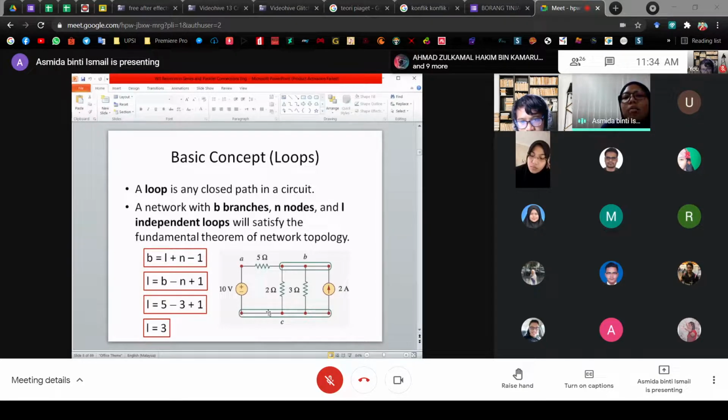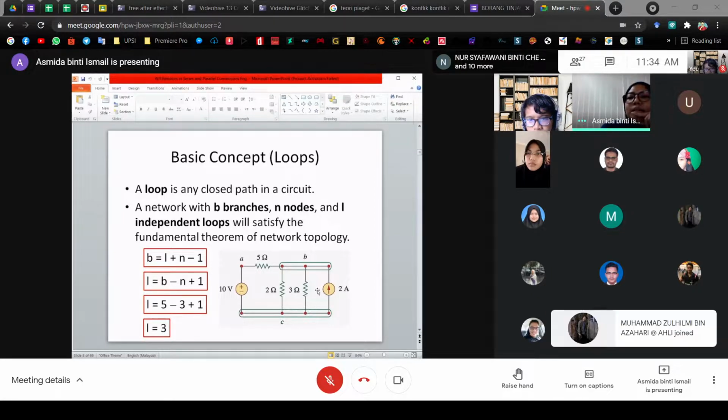Satu litar yang tertutup. This is one closed path. This is another one, and this is another one. Means that this circuit have a 3 loops. Kita ada 3 gelung untuk litar ni. This is the first loop, this is the second one, and this is the third one.